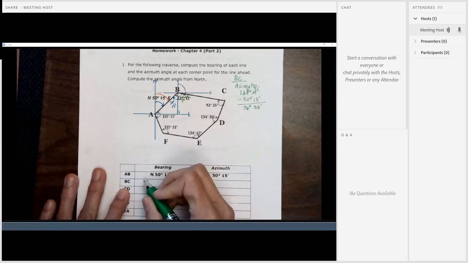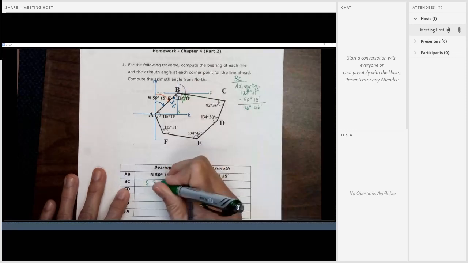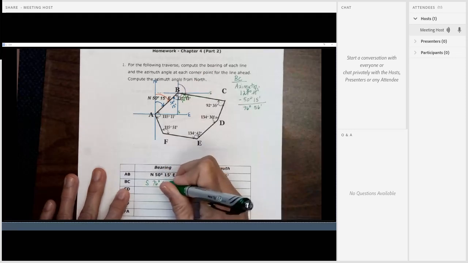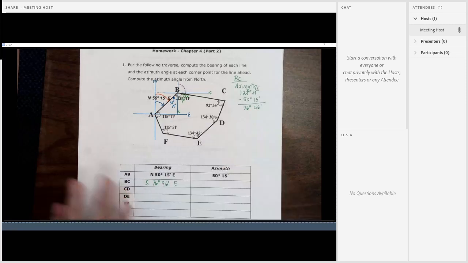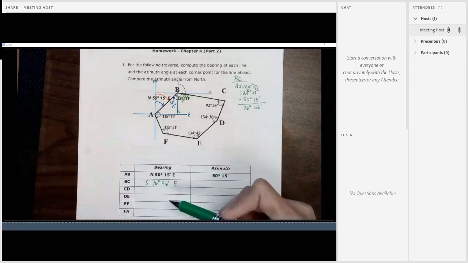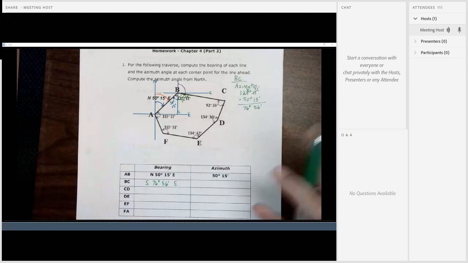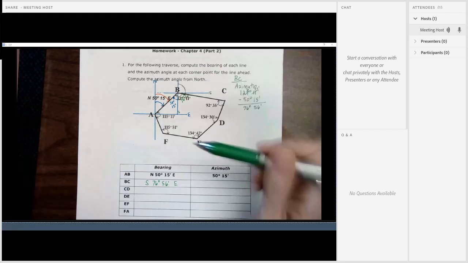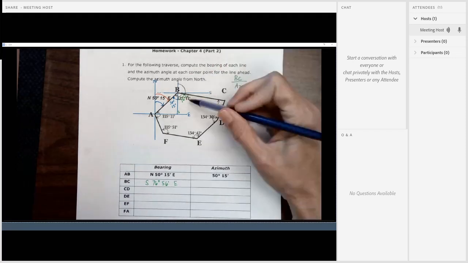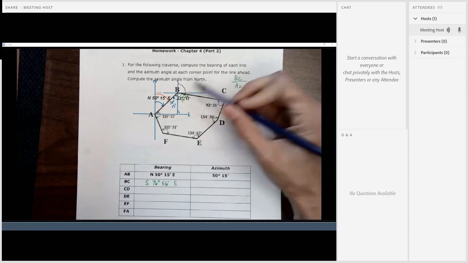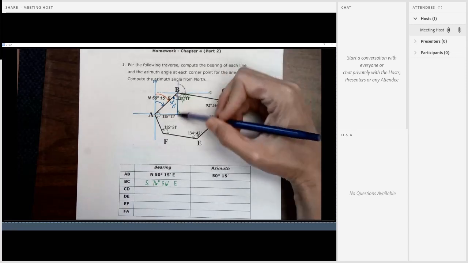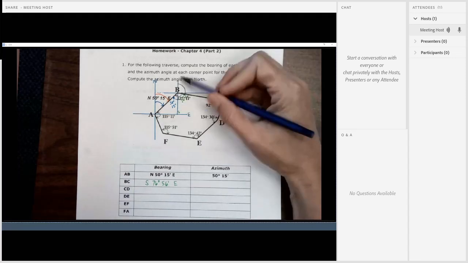And again, we said that's coming from the south, going to the east, not to the north. So bearings can come from the north or south and go towards the east or west. They have to be only in one quadrant. They're less than 90 degrees. Azimuth, on the other hand, is always coming from the north, always going in a clockwise direction. So in this case, now that I know what that bearing is, I can see I've got my straight line here, my north-south grid line.